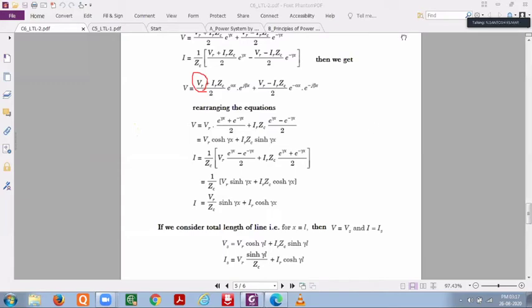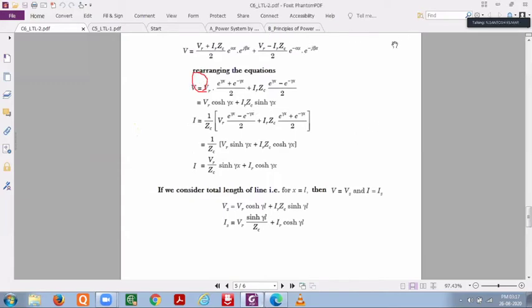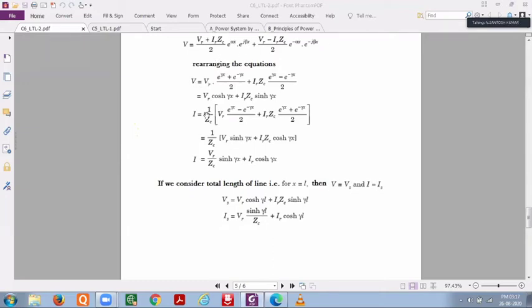Further, we write the same V and I in terms of hyperbolic functions.